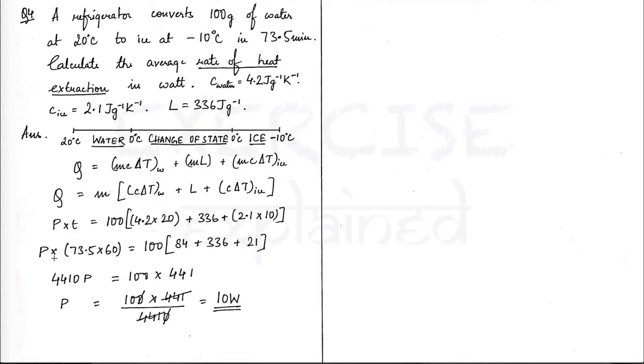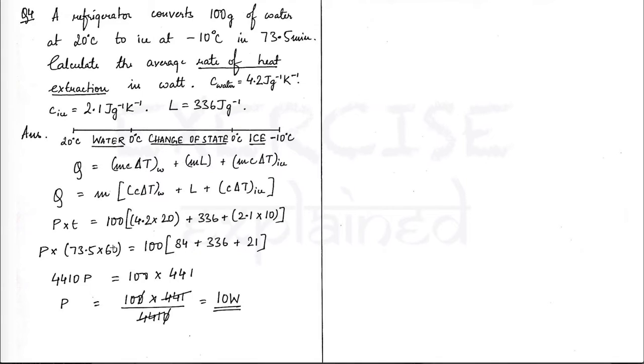So now what I do is, P into our time, which was given as 73.5 minutes. You can see here I've converted that to seconds, and we multiply by 60. So 73.5 into 60 is equal to 100 into the bracket of 84 plus 336 plus 21.